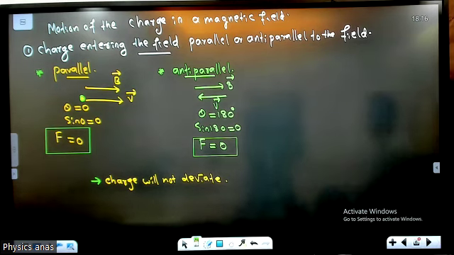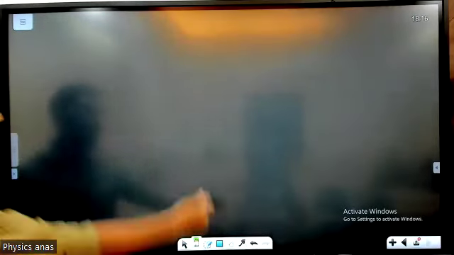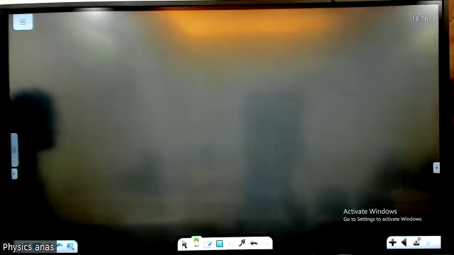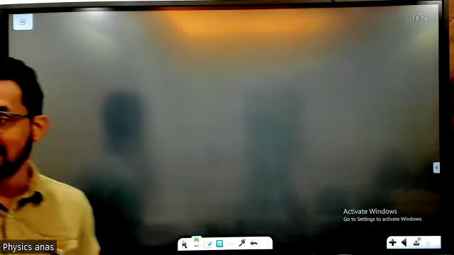We are going to derive some equations for this circular motion.